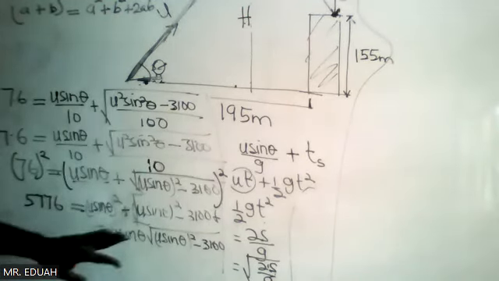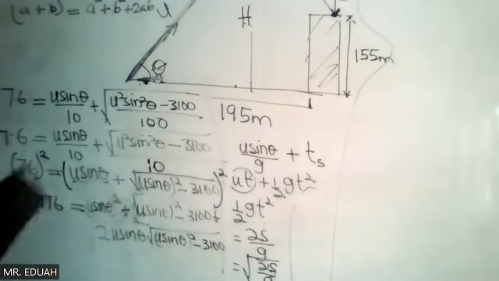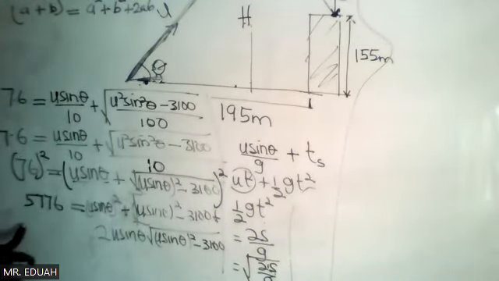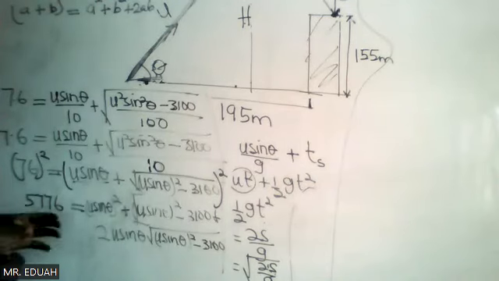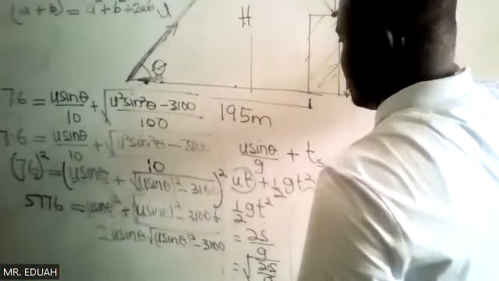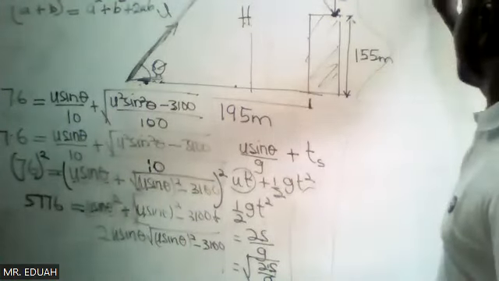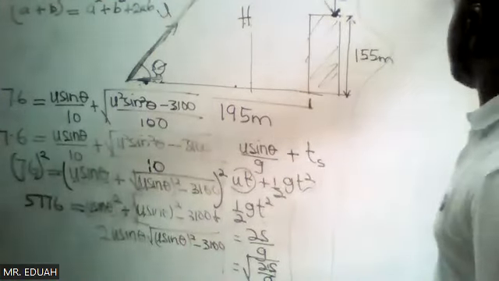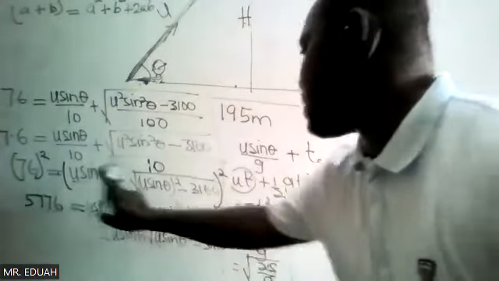Now, once we've succeeded in eliminating the square root sign, we can group like terms easily. You can send minus 3,100 to add to 5,776. So we have 5,776 plus 3,100, and I've moved it to this side.